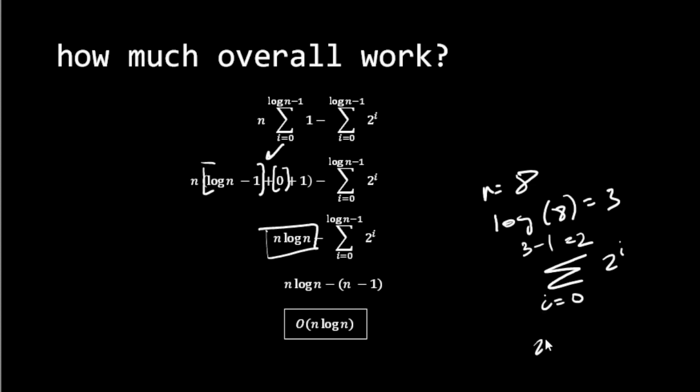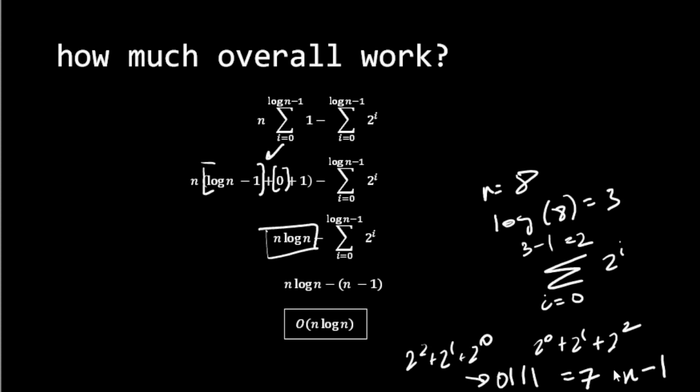So it would be 2 to the 0 plus 2 to the 1 plus 2 to the 2. This is just binary, right? If you flip it around, this is just 1, 1, 1, which is 7. So 4 plus 2 plus 1 is 7. So it simplifies to n minus 1 in the general case. That's how I remember this one, just binary numbers. But regardless, it simplifies to n, which is dominated by the n log n.